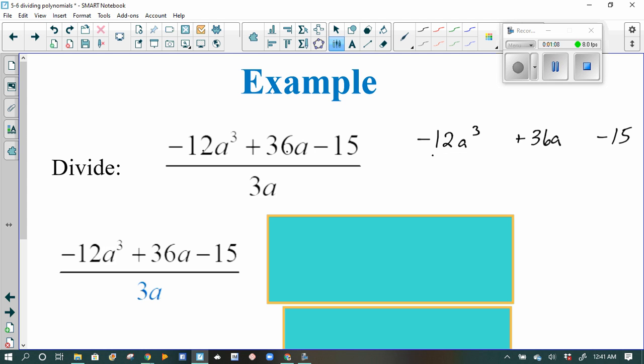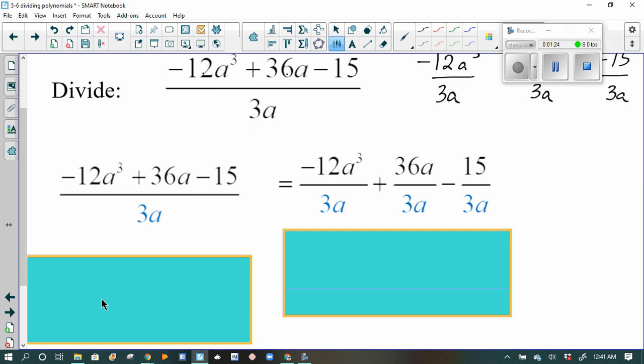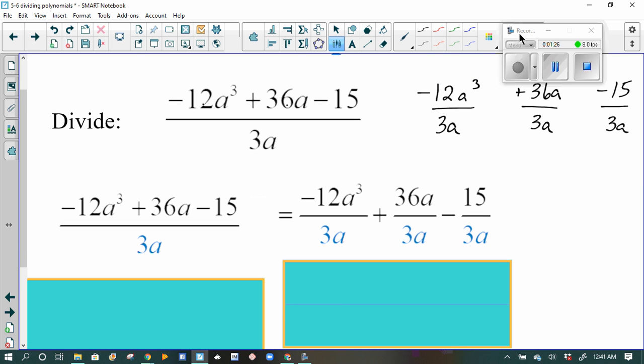They all share the same denominator, because remember, as long as their denominators are the same, you can add them together in the top. So if I do that, it looks like that, just as I had written it.